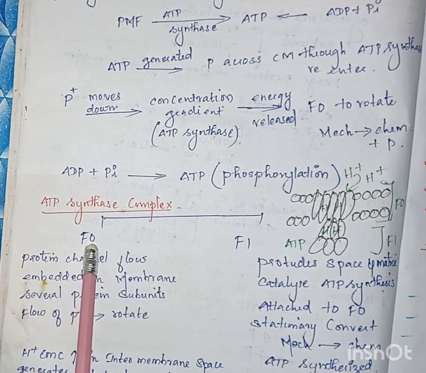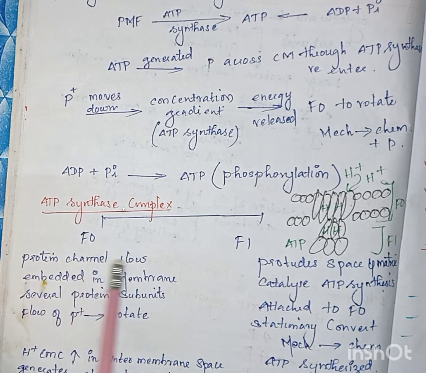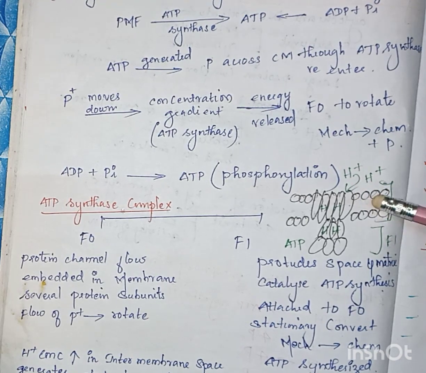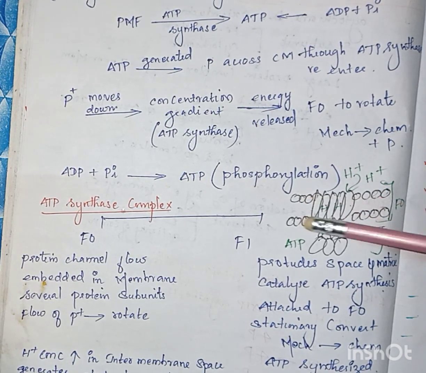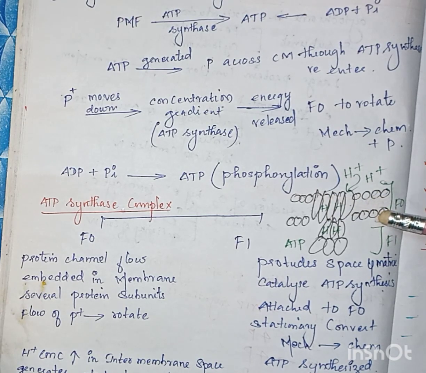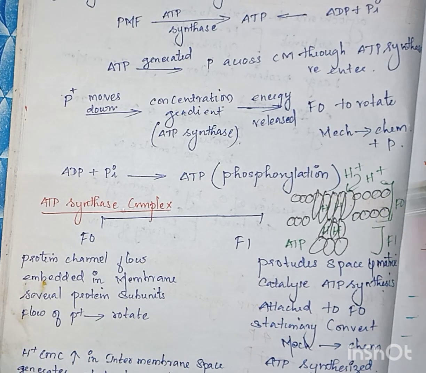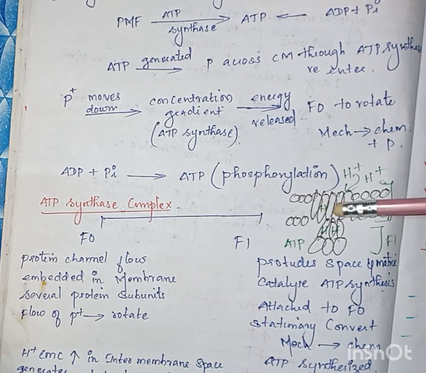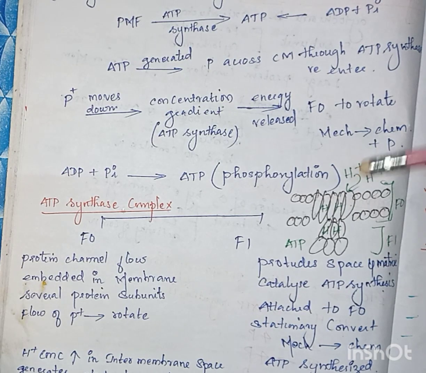F0 is a protein channel embedded in the membrane. These are the proteins embedded in the cell membrane, which help to rotate with the proton. When protons come inside, these proteins will rotate faster.